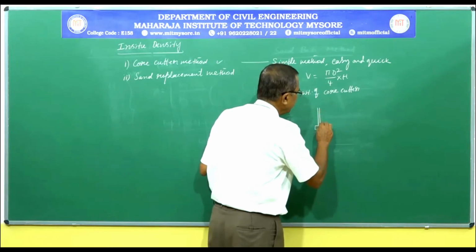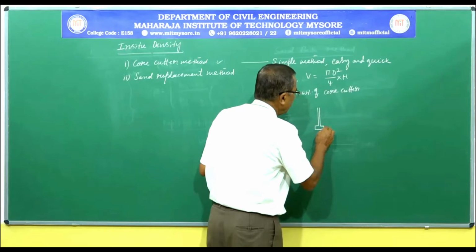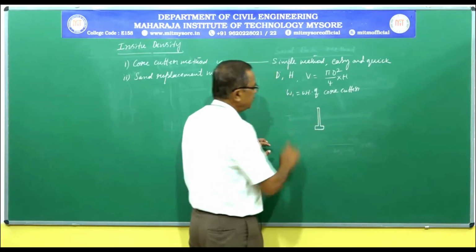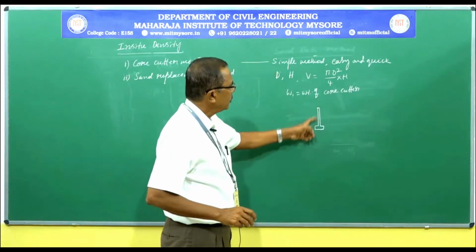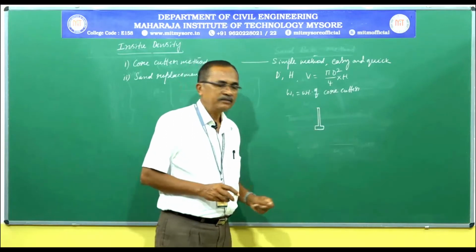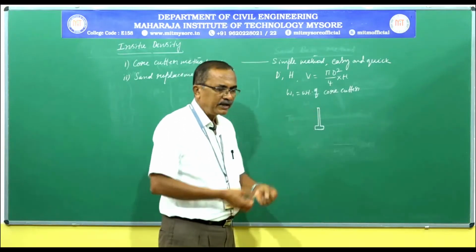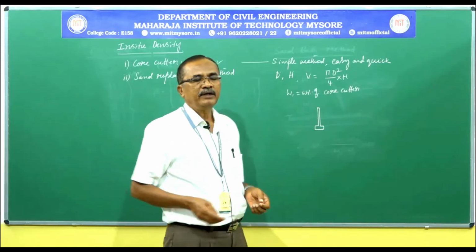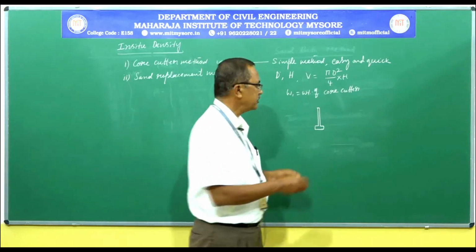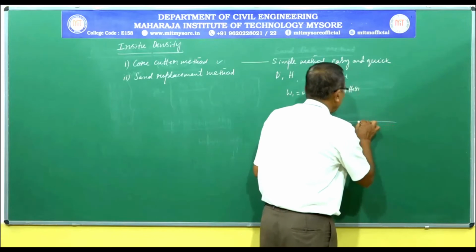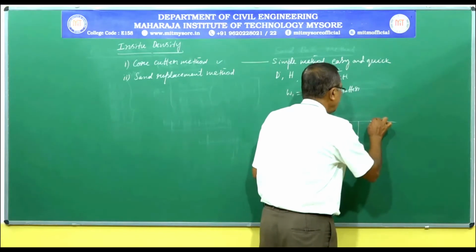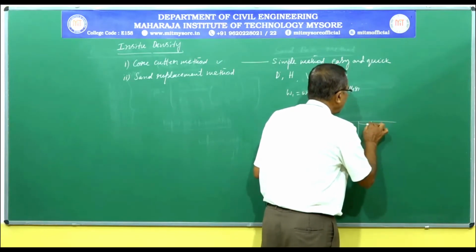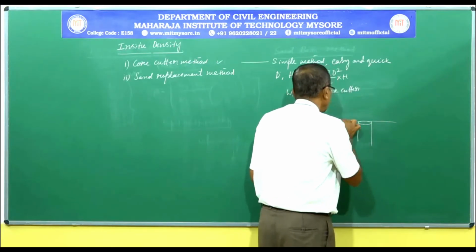The rammer comprises a flat weight surface at the bottom and a rod to hold it comfortably. Suppose this is the ground surface, the core cutter, including the collar, is driven into the soil like this until it goes inside the soil.